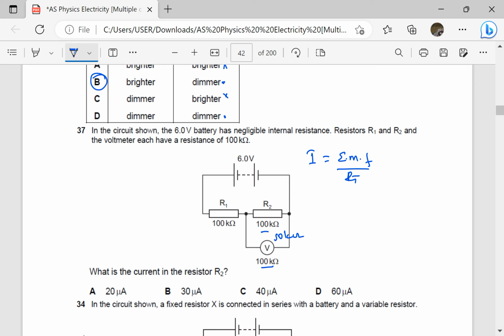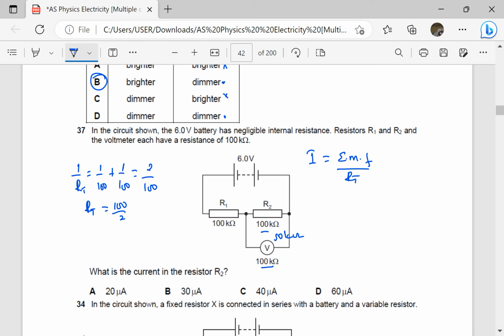Remember, resistance in parallel, if there are two, 1 over total is equal to 1 over 100, plus 1 over 100. And they are identical. So this is the same as 2 over 100. Then we get the reciprocal. So R total is going to be 100 over 2. That's why whenever I have identical resistors, I just take half of the resistance of one as the effective resistance.